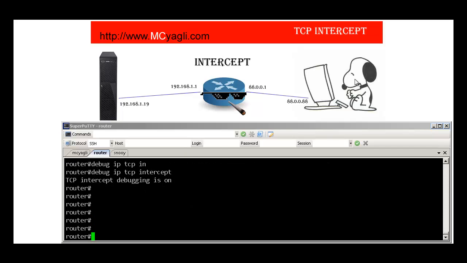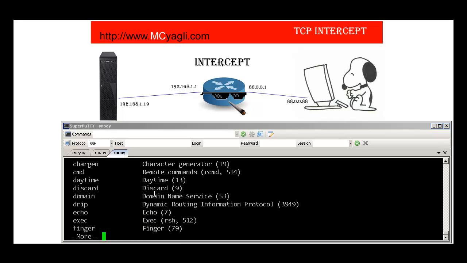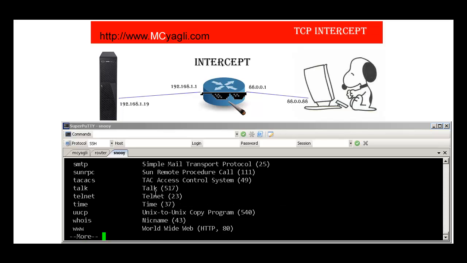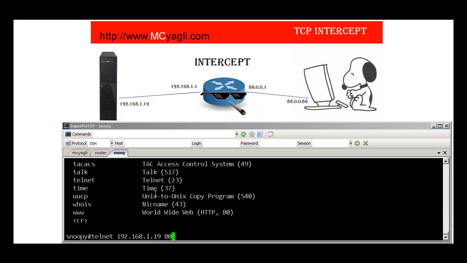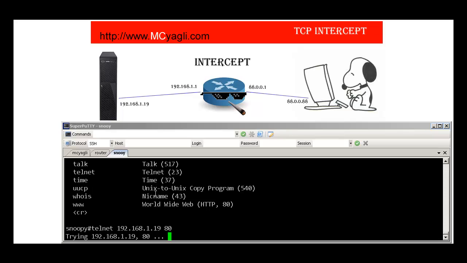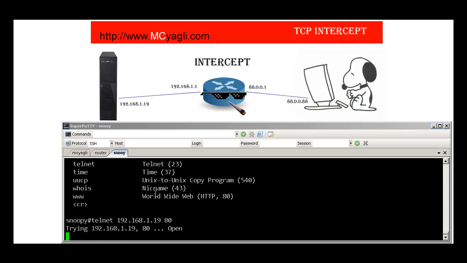I'm going to go to Snoopy and send some HTTP requests from it and see what happens. Okay, so this is Snoopy. Yes. Telnet 192.168.1.19 and port number 80, right? Port number 80. That's it. Open. I'm done. So this is my router.